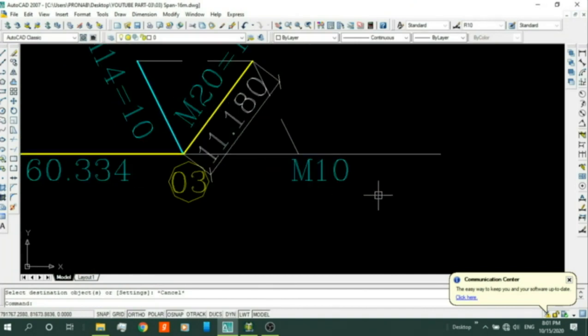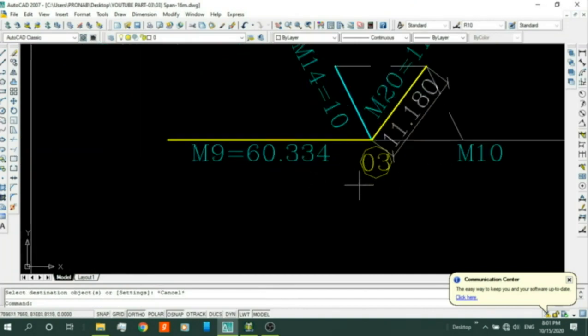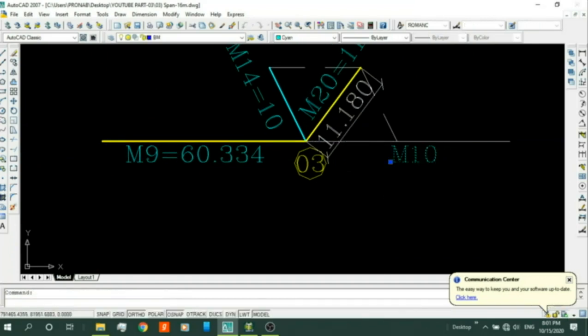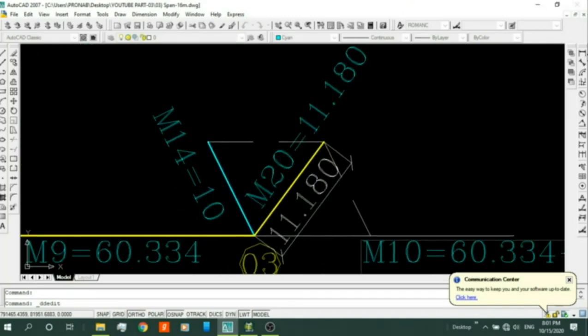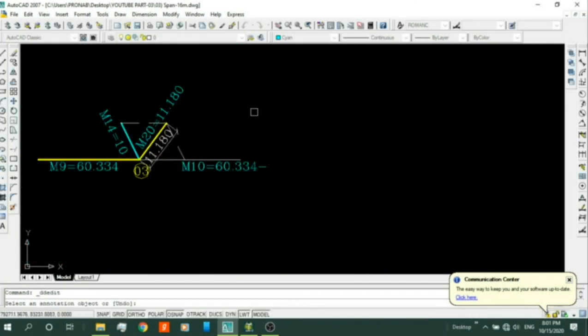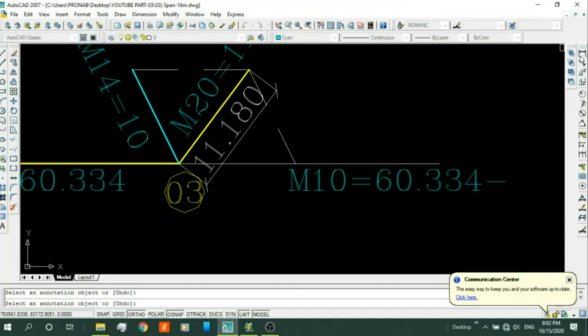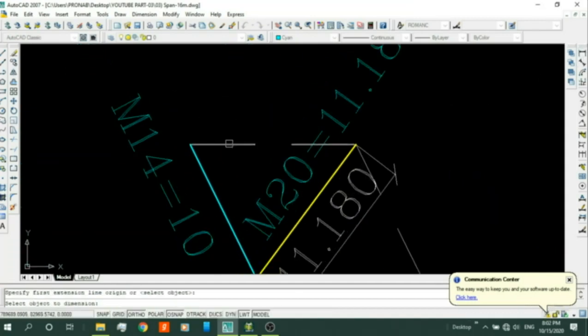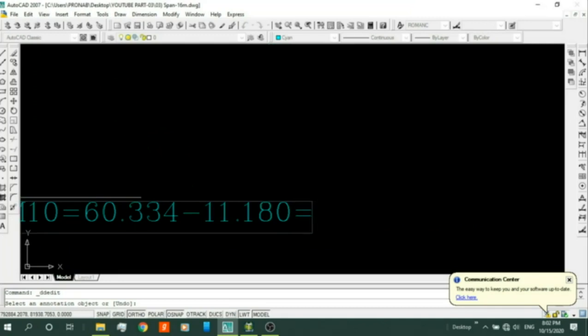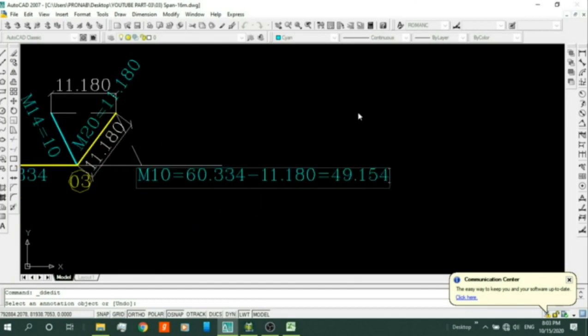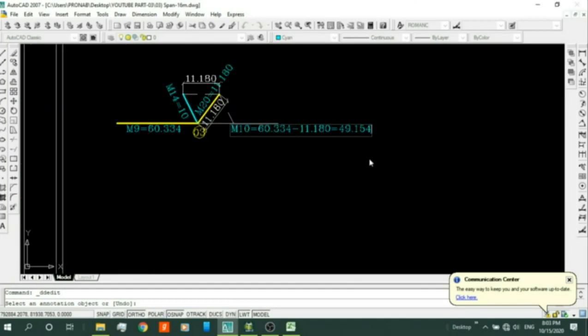Now, the value of M10 is equal to 60.334 minus 11.180, which is equal to 49.154 kilonewton.